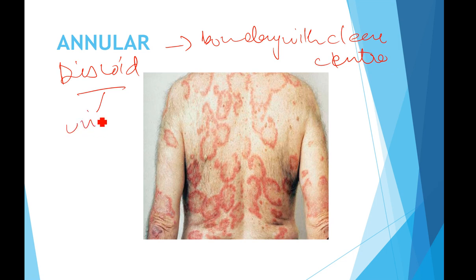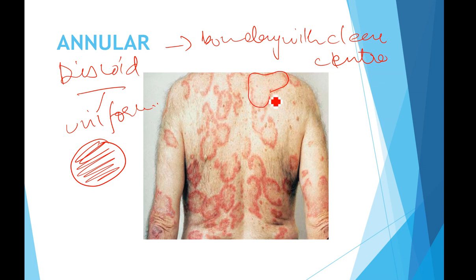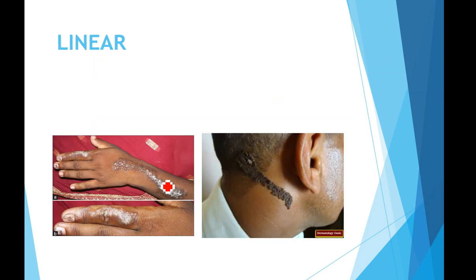Whereas the discoid is uniform, meaning center and periphery are completely filled. Whereas you can see over here in the annular, these are the raised edematous margins, whereas the center of the area is clear.